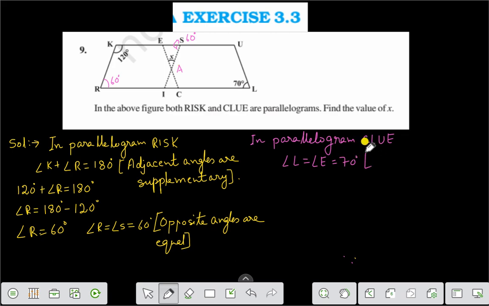The reason is opposite angles are equal in a parallelogram. So we can say that angle E is equal to 70 degrees. This angle is 70 degrees.